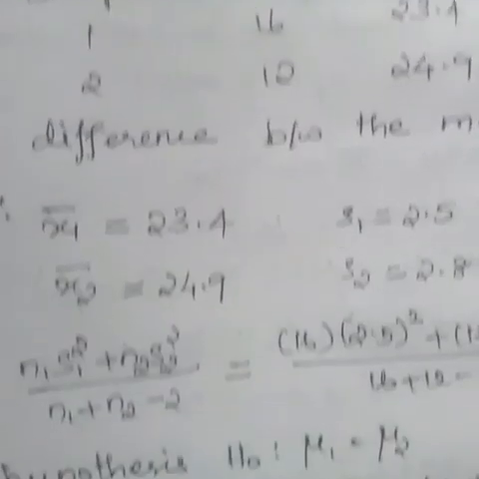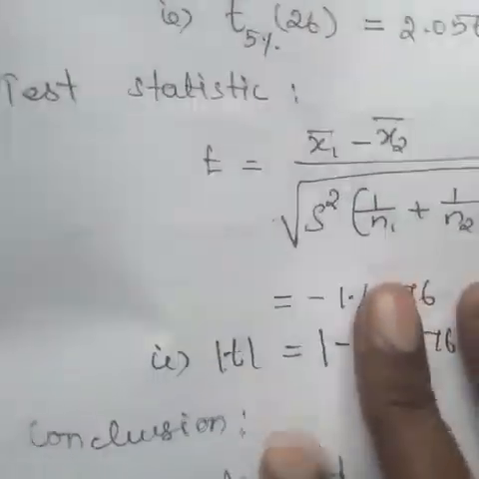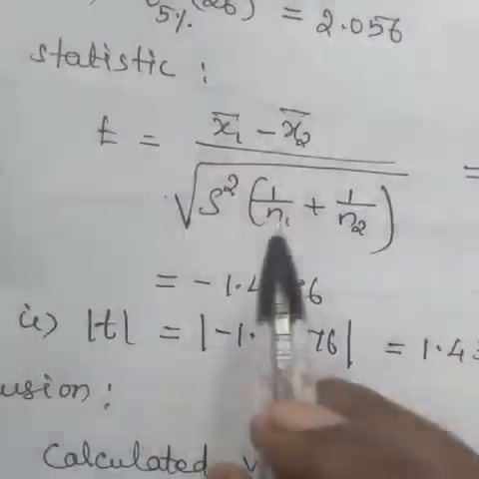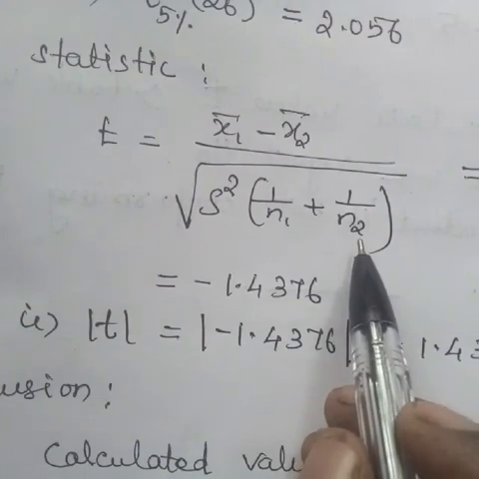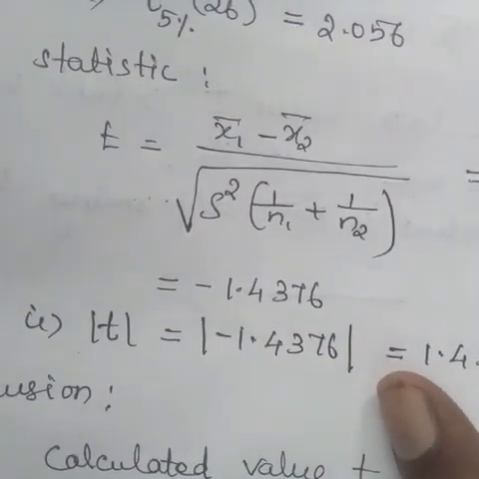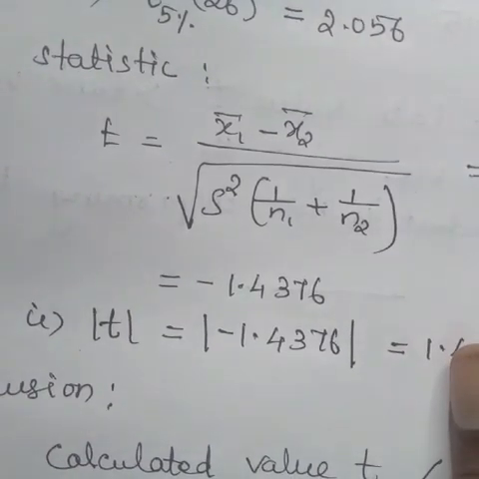Now the formula is t is equal to x1 bar minus x2 bar by square root of s square into 1 by n1 plus 1 by n2. So first we have to find s square. S square means variance; root s square, that means root of variance, is standard deviation.